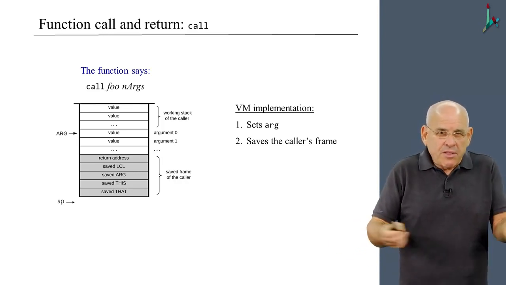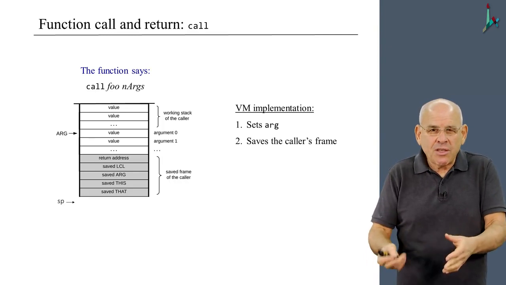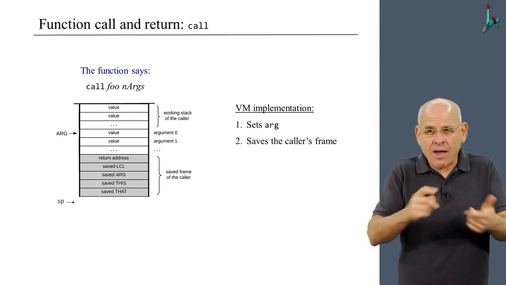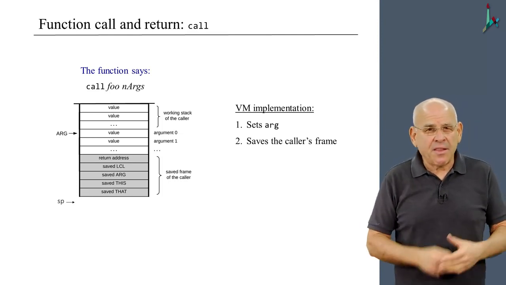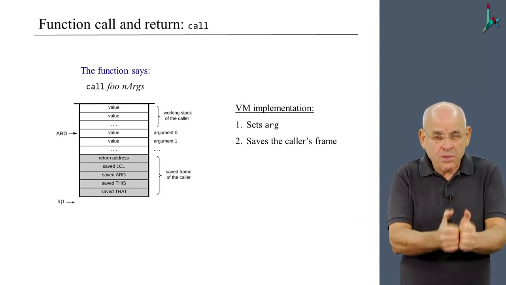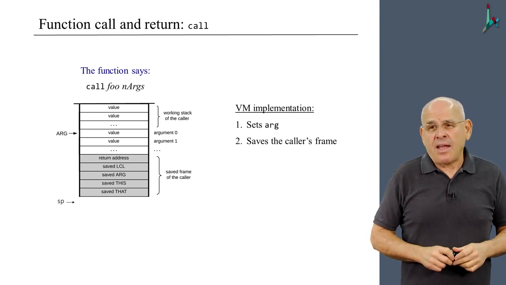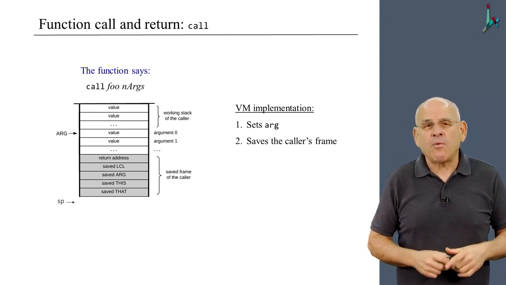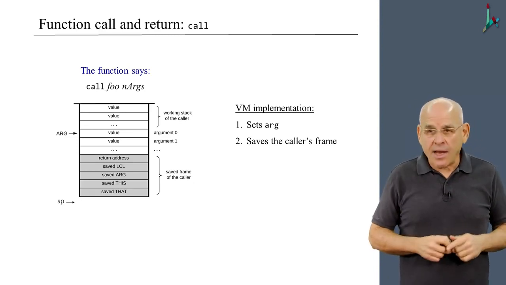Now, put yourself in the shoes of the VM implementation. It can access all these pointers. I mean, all these pointers are available, right? The arg, the LCL, this and that, they are available. So I simply push them onto the stack, and this way I save the base addresses of these segments, and therefore I will be able to return to them later on.